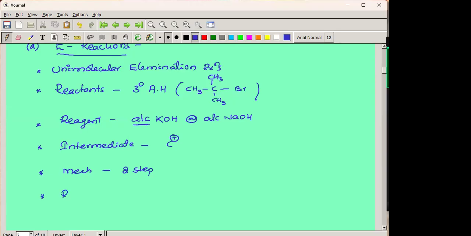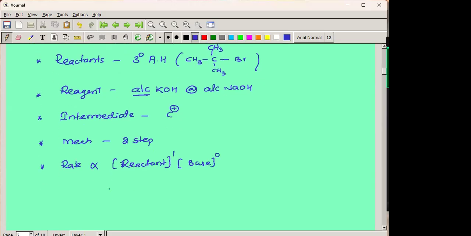So the rate of reaction depends upon what? Only the reactant, the alkyl halide. Yes, only the reactant, the concentration of reactant, but not the concentration of base. So that's why, the order of reaction, as in SN1, is with respect to reactant.